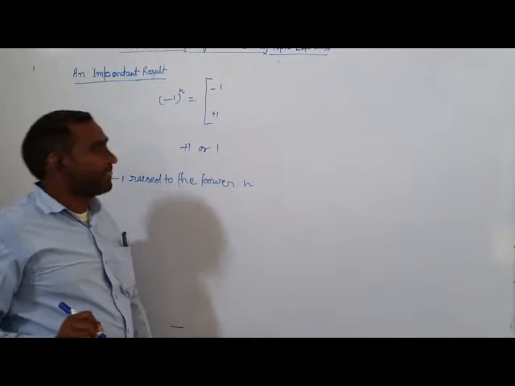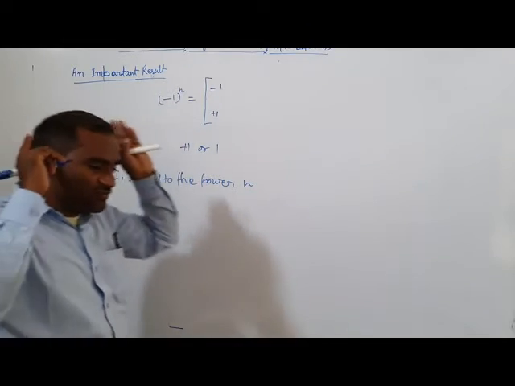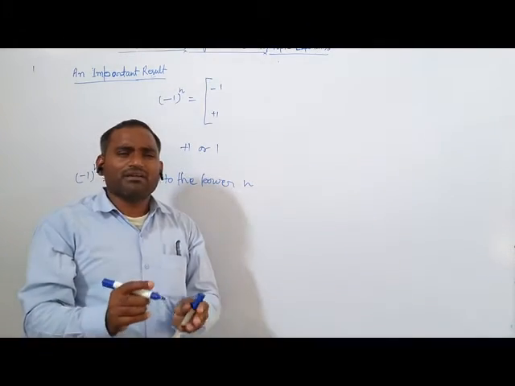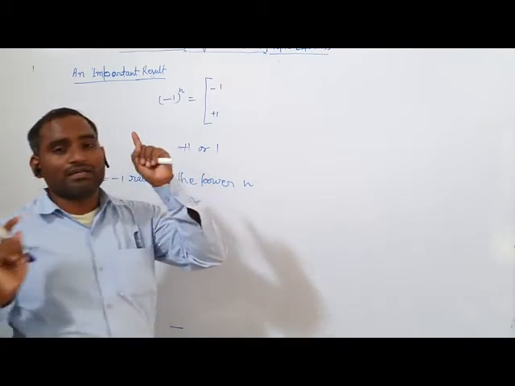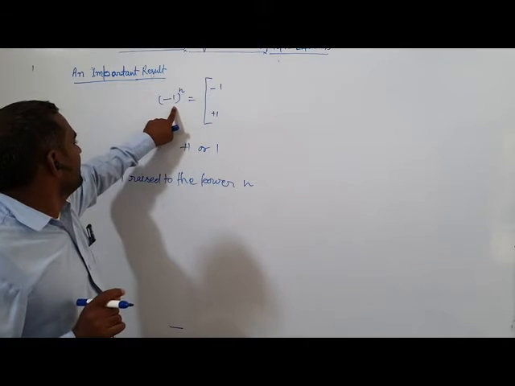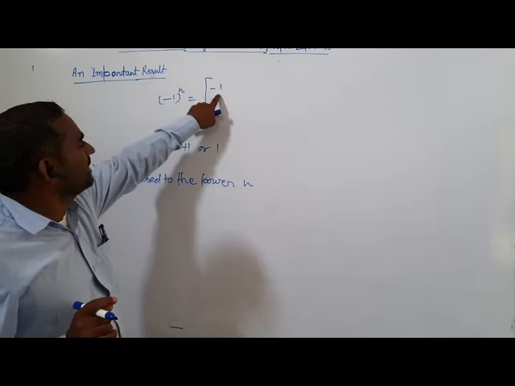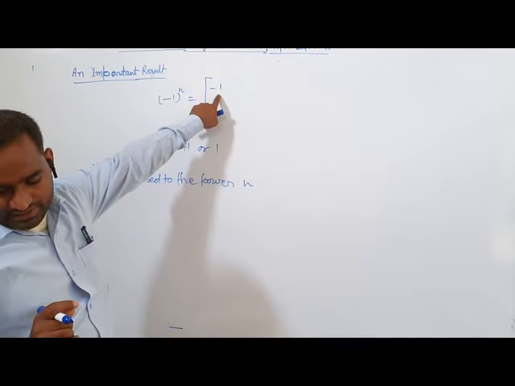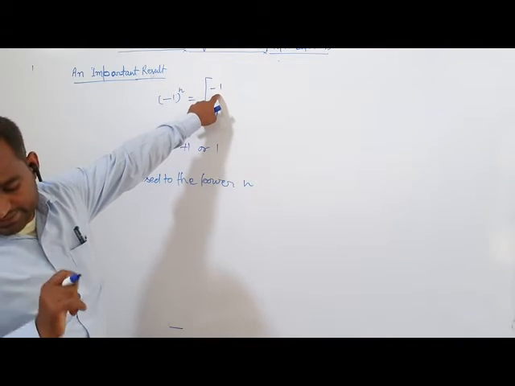Both are possible, because the base is minus 1. When the base is minus 1, the power may be anything, but the value of that number will be either minus 1 or plus 1. When will the value be minus 1? If n is an odd positive integer.